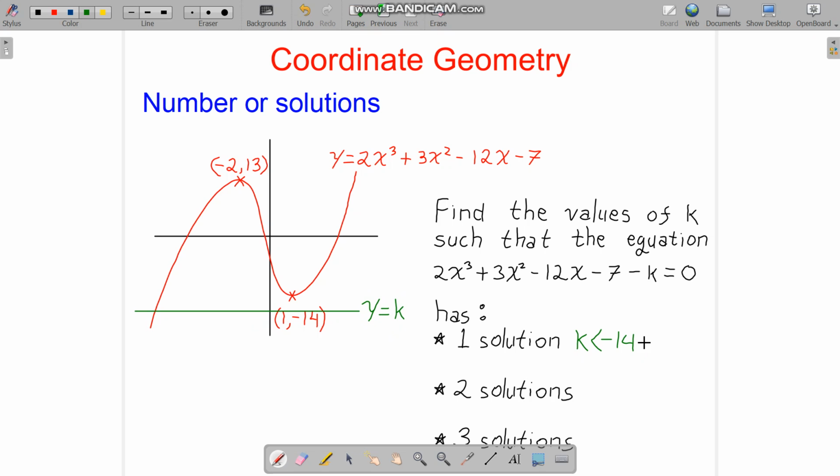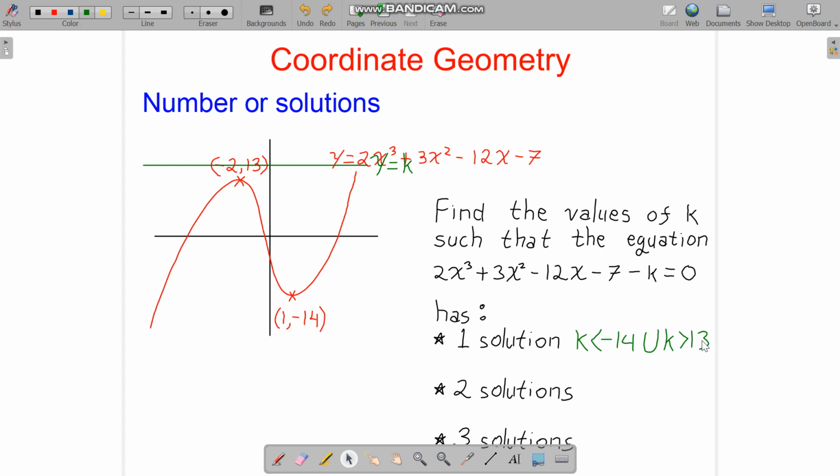Or it could also be when k is bigger than 13. Again, we have only one intersection. The U symbol is for union, so we read it as: k is smaller than minus 14 or k is bigger than 13.